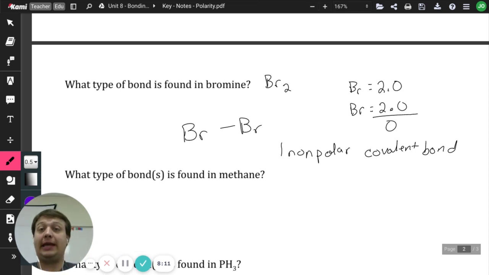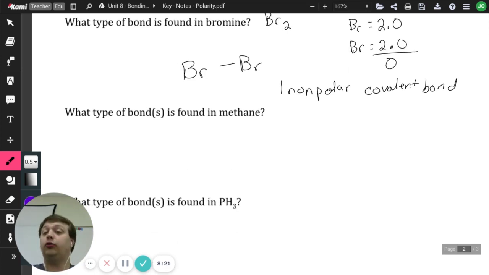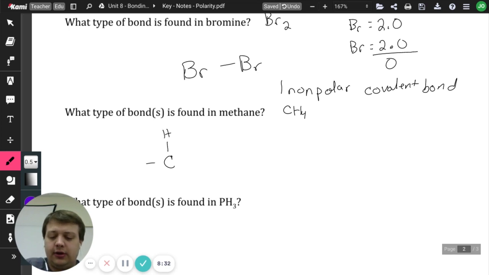Okay, so again, what we do is we compare their differences in electronegativity, and then from that, we're going to determine what the polarity of the bond actually is. Okay, so next we've got methane. So methane is CH4. And for our VSEPR shape, we've got a carbon with a hydrogen, a hydrogen, a hydrogen, and another hydrogen.